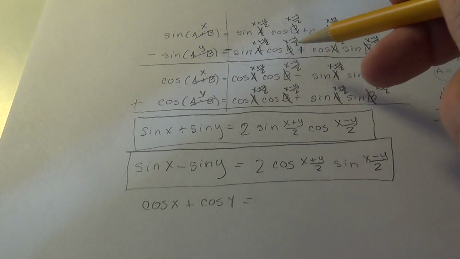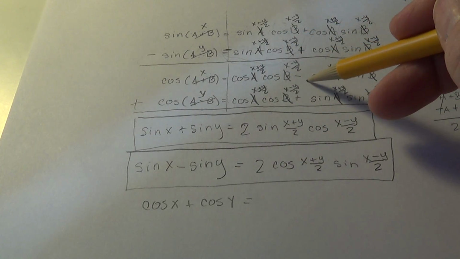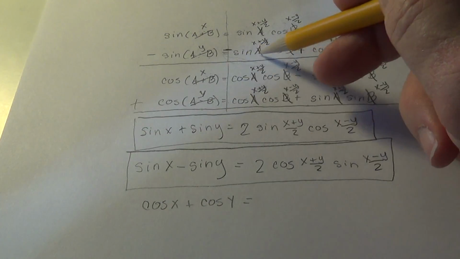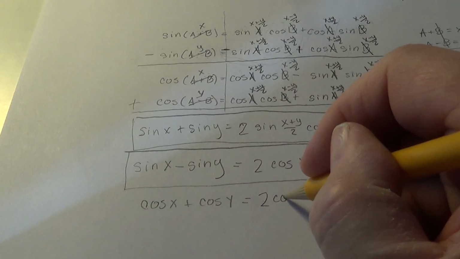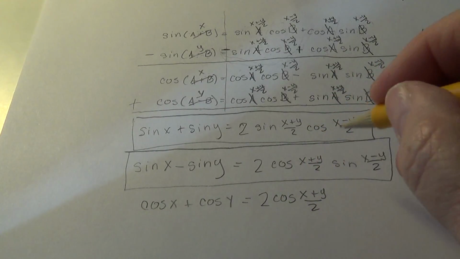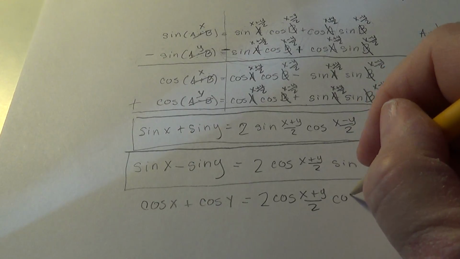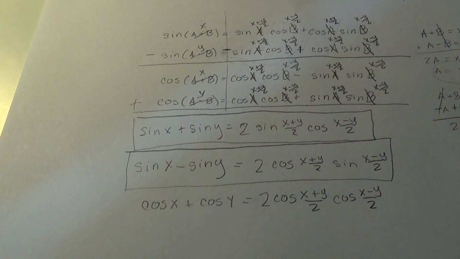On this side, these are going to add to 0, being opposite in sign. These are identical terms, so there will be 2 of them.